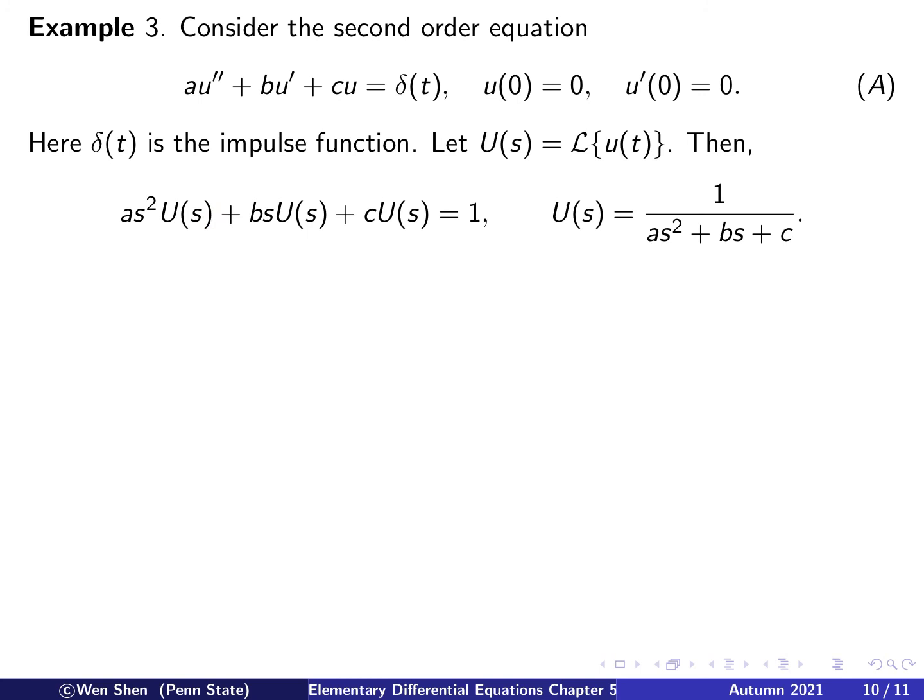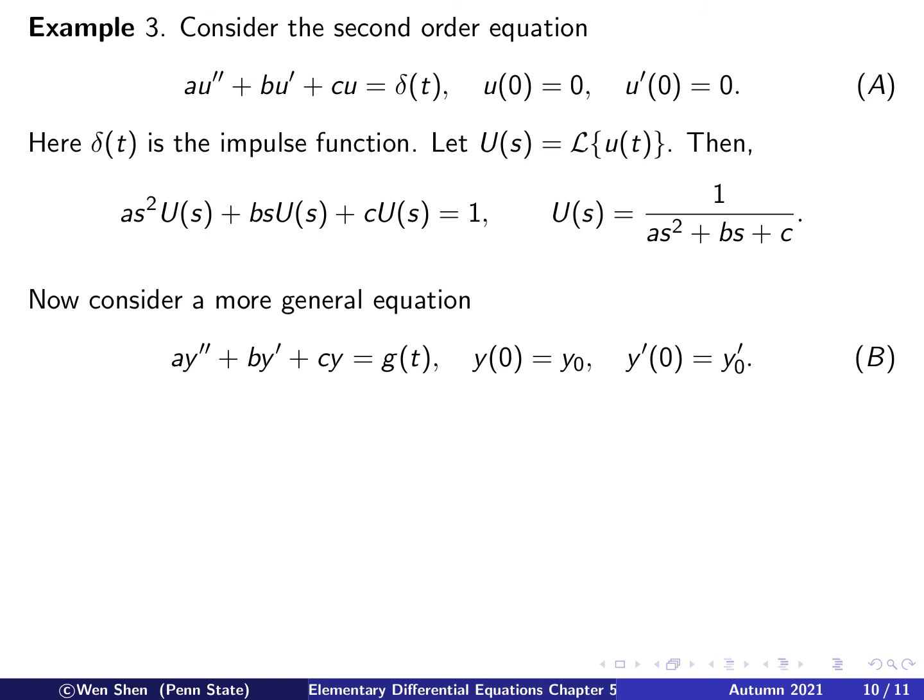And then we have no initial data terms because they're all 0, so we just have that 1. On the left hand side, you can take out U as the common factor, and what remains is exactly the characteristic equation. So we have U of s is 1 over the characteristic polynomial.